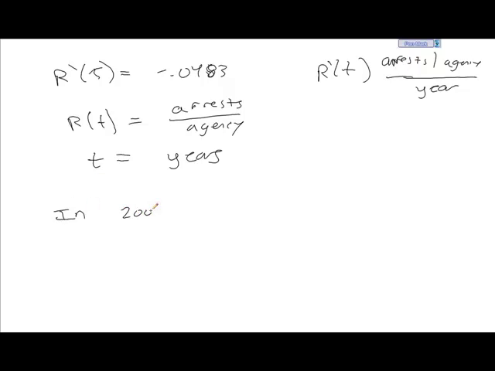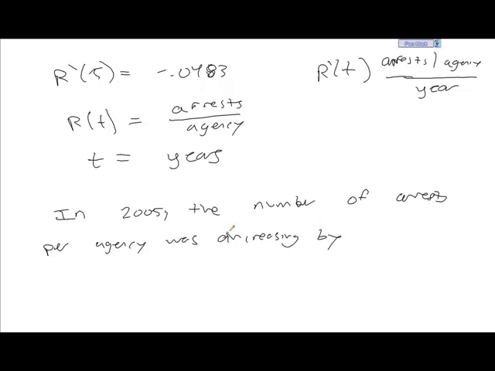According to this, in 2005, the number of arrests per agency was decreasing, not increasing, decreasing by 0.0483 arrests per agency per year. So regardless of how many arrests they had per agency in the current year, it's expected to go down a little bit. And that's our final answer, and we are done.